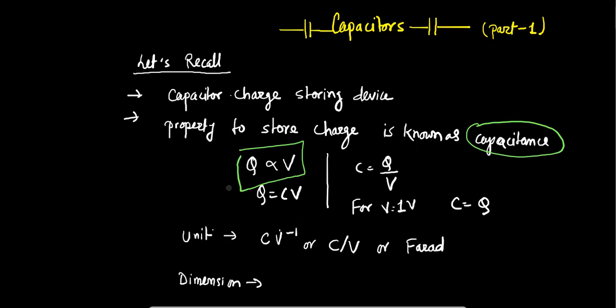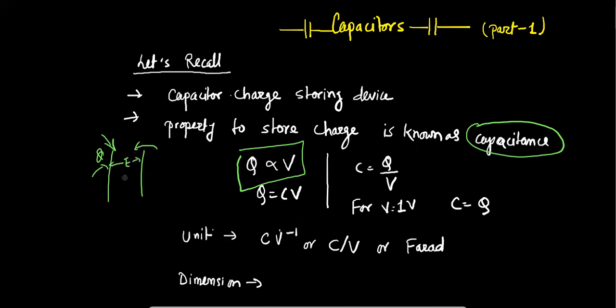We know that for a capacitor, as we add charge on any plate, and if we try to move another plate nearby to the first plate, then of course they develop an electric field.